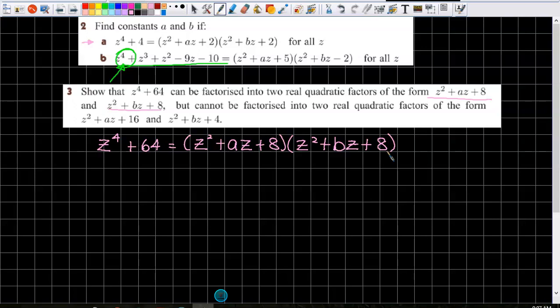And so it's really 2 questions in one. So you'll solve it just like you did with question 2, and you'll get a value for A and B. And then you'll try and do it for this one, but you'll find that it doesn't make sense for your values for A and B. So it might be that you end up with A being a square root of a negative number, or it's just not possible.